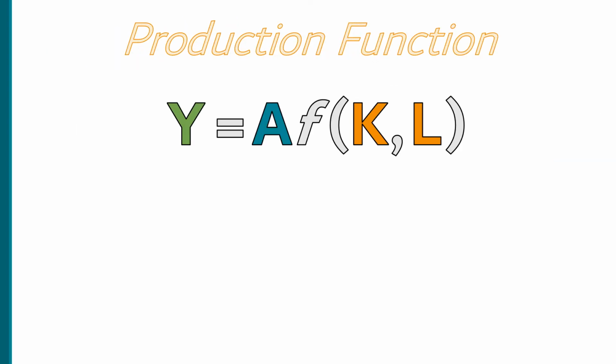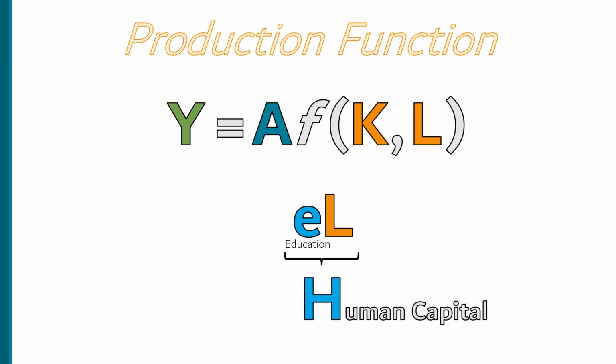So, the L in our production function needs a companion. It isn't just blood, sweat, and tears that gets the work done, not just raw human labor, but rather labor paired with our education. Together, education times the labor supply gives us what we call human capital, or the stock of worker ability.